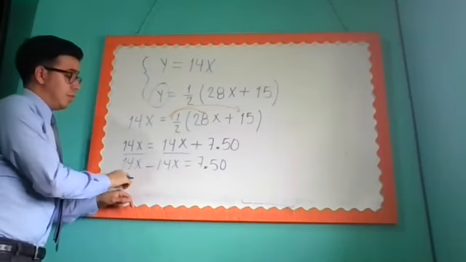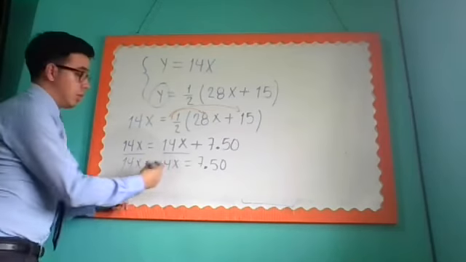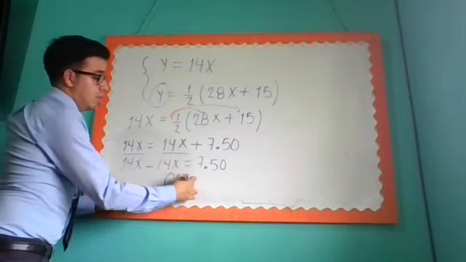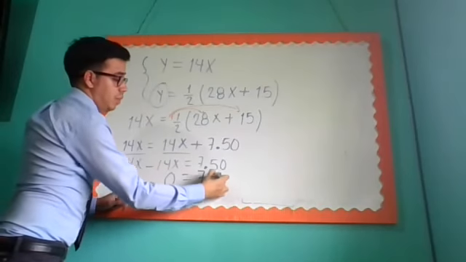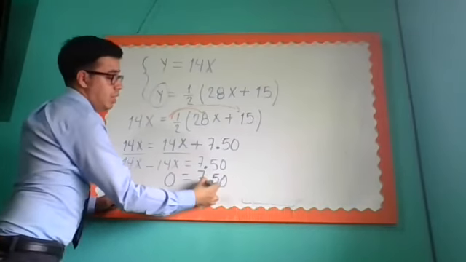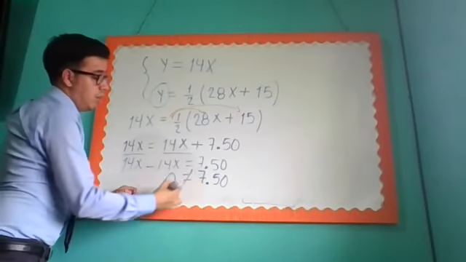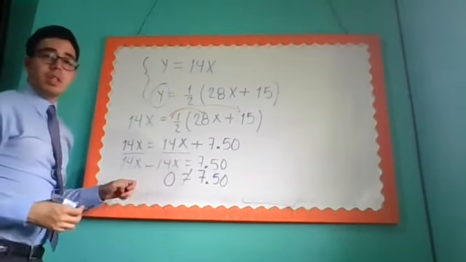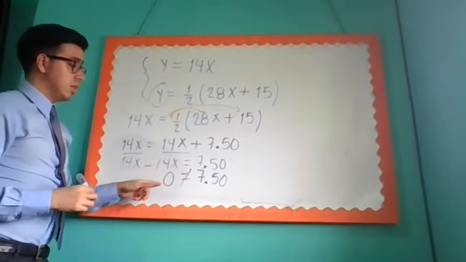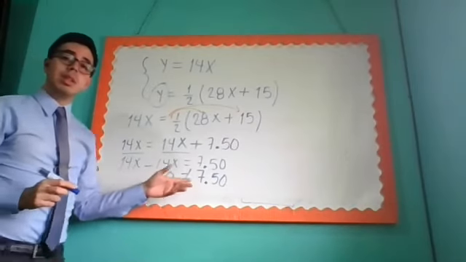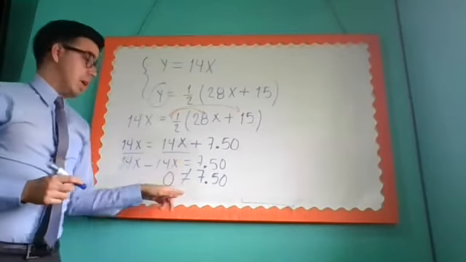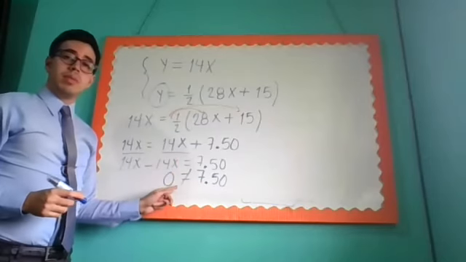If I do 14 minus 14, you obtain 0x. So 0 equals 7.50. This could never be the same. 0 is never going to equal 7.50. So this system has no solution because the statement is not true. We have something that is not true.